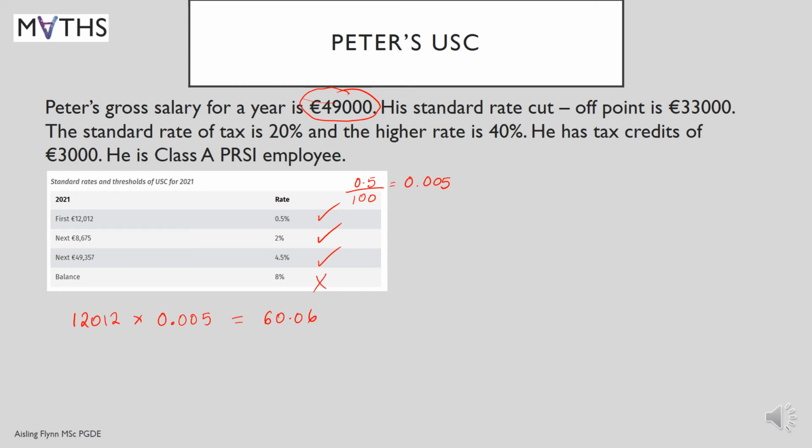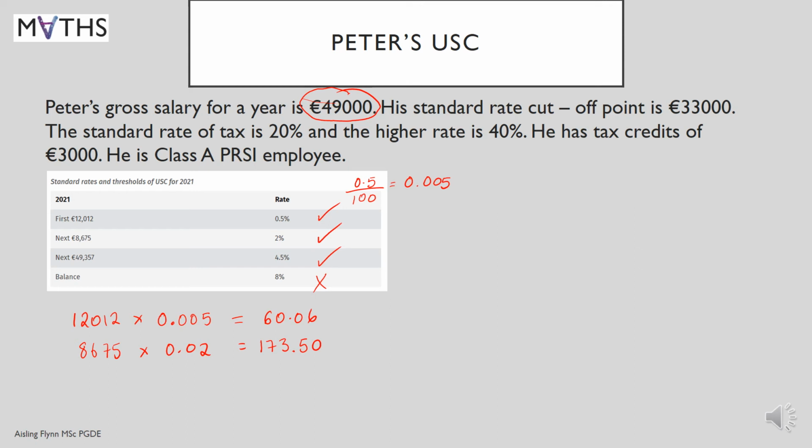The next chunk of money, 8,675, is to be taxed at 2%. 8,675 multiplied by 0.02 gives me €173.50.